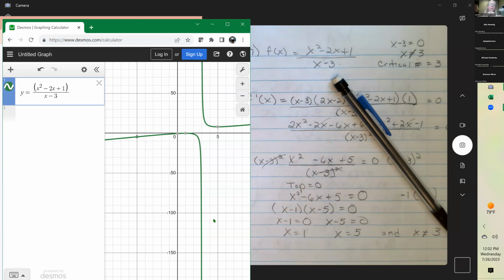Is there any questions on that? So this one's a max right here. These are going down. And this one, 5, oh, it does show the 5 is a min. Any questions? Okay, if you do not have any questions, I will see you tomorrow.